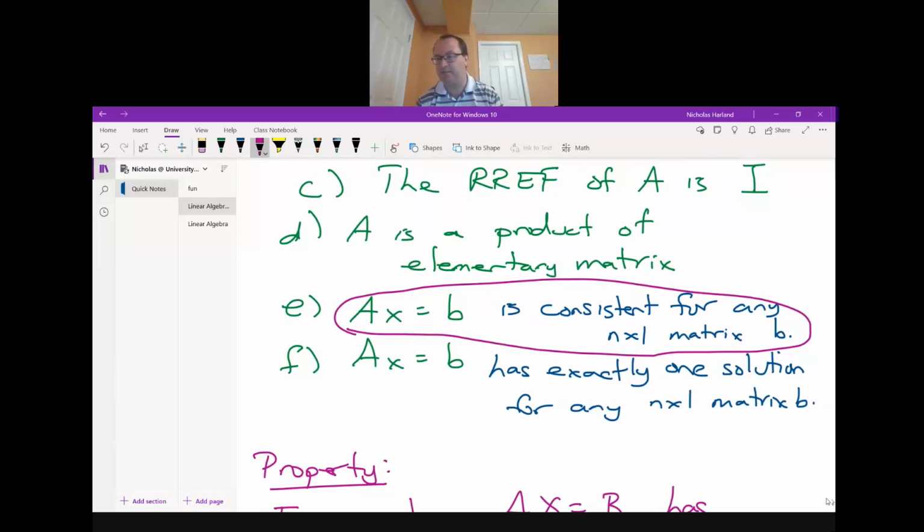For F, similar idea. What that would mean is that it does not have exactly one solution for all of them. As it turns out, it would mean that it either has no solution or infinitely many. But what this is saying is that, again, we can't say it's true for all, even though it might be true for some.